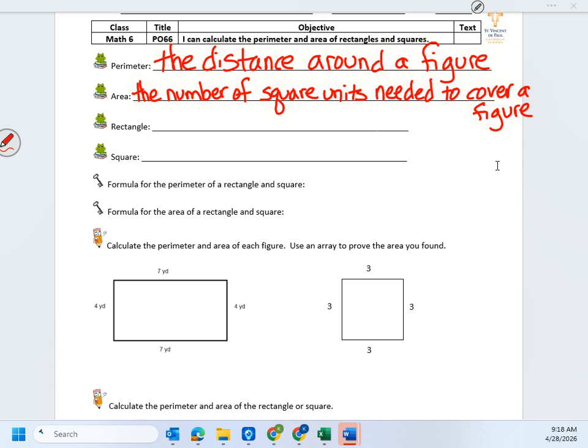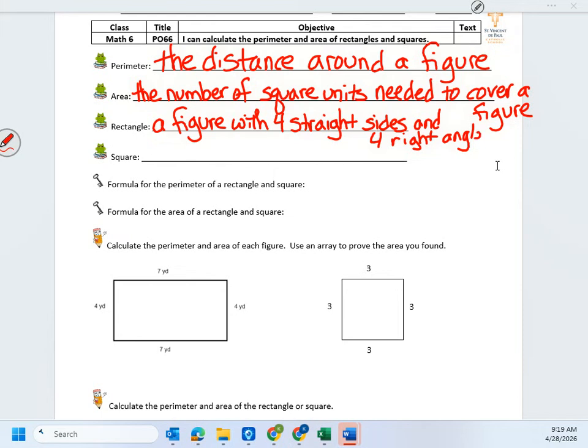A rectangle is a figure with four straight sides and four right angles.